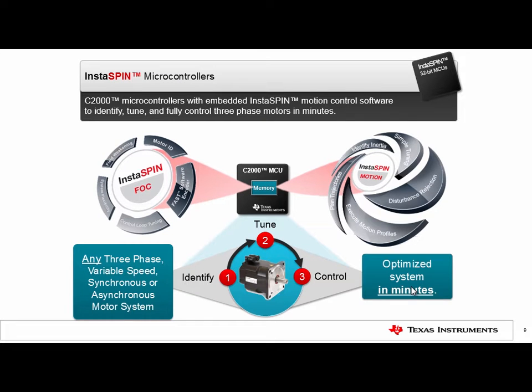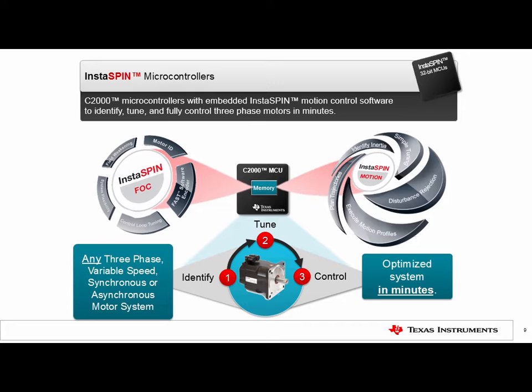Now, we also have the InstaSPIN microcontrollers. These are C2000 microcontrollers with embedded InstaSPIN-Motion control software, and this software really enables you to identify, tune, and fully control any three-phase motor in minutes. We have InstaSPIN-FOC, and then there's also the InstaSPIN-Motion solution.